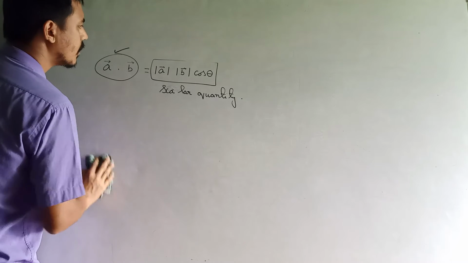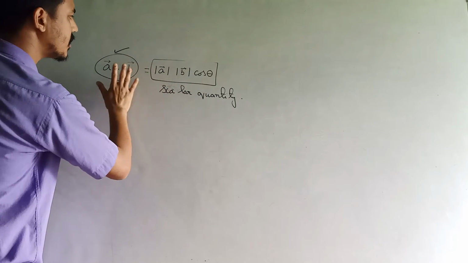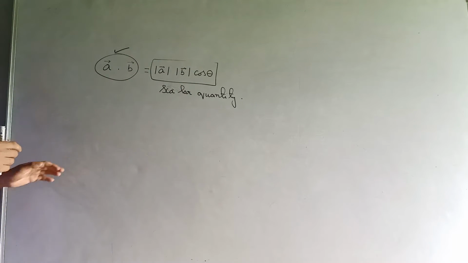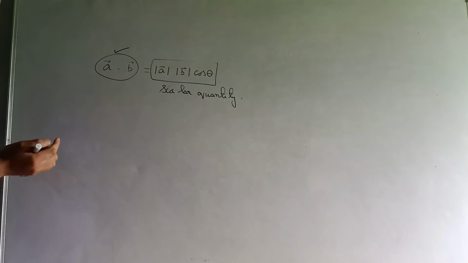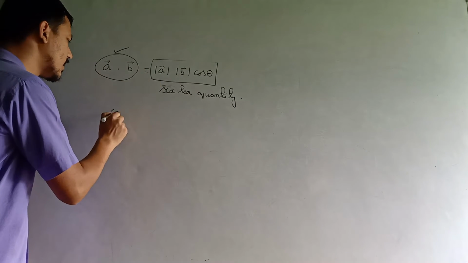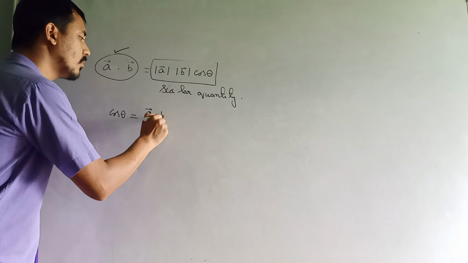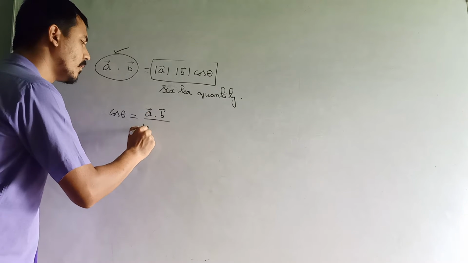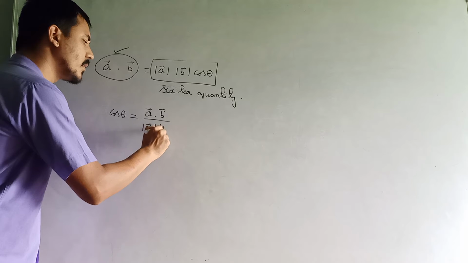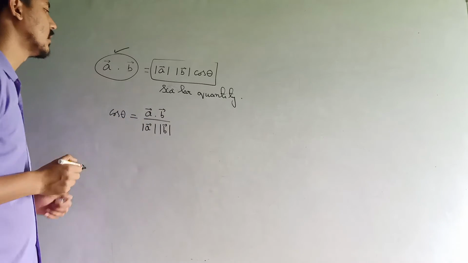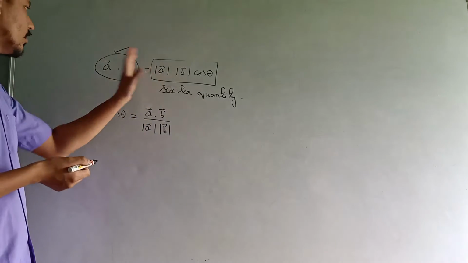From this definition also, we can find the angle between two vectors, right? Cos theta is equal to A dot B upon magnitude of A times magnitude of B. That is how we can find the angle between the two vectors.